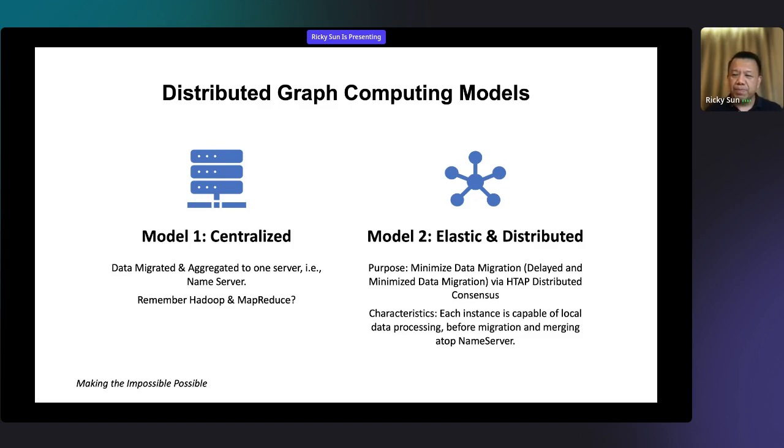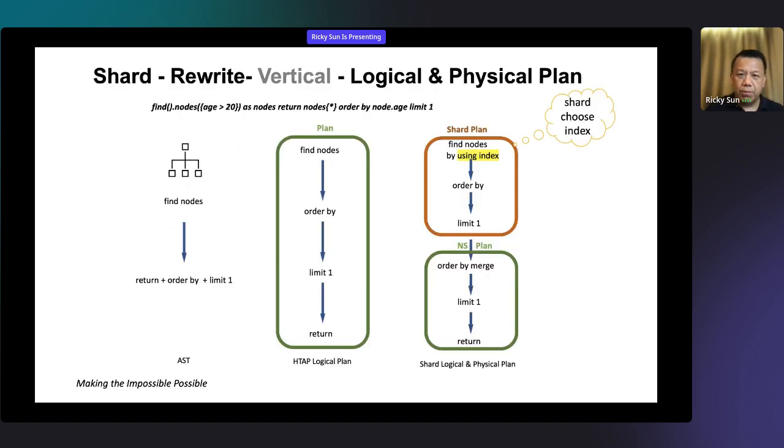That means even without data migration, you are still able to do something locally. That means you have the graph data, the adjacent neighbor data, within your control, readily available for computing and processing. And of course, the name server is still useful for the eventual merging and ranking, which happens on top of the name server.